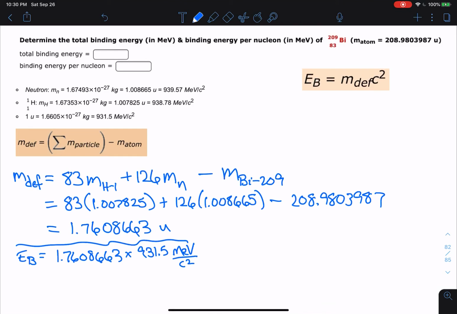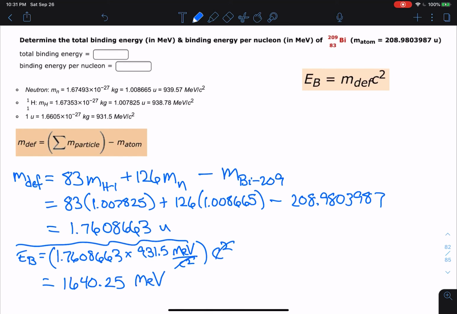That's the mass defect, and then I'm multiplying that times c squared. What's so wonderful here is the c squareds cancel, which makes it very, very simple. So I just take this mass defect that I already calculated, multiply it by 931.5, and I get 1,640.25 mega electron volts. So that's the binding energy.